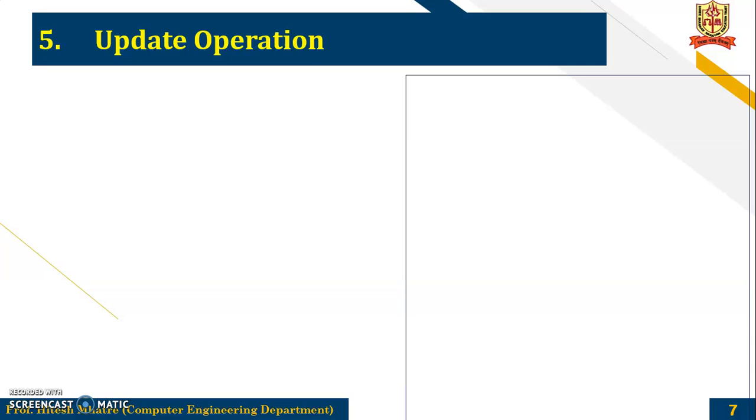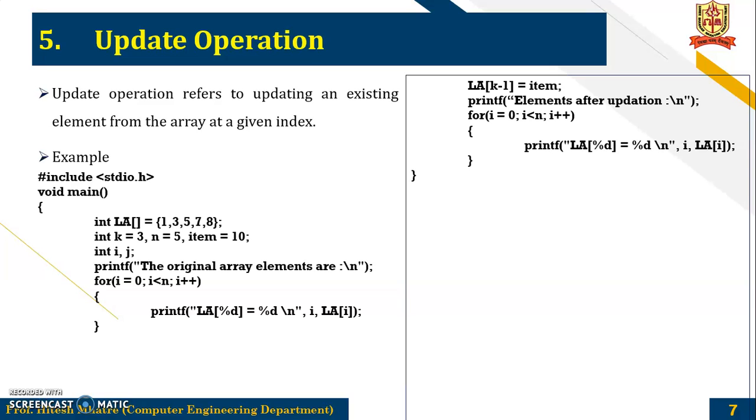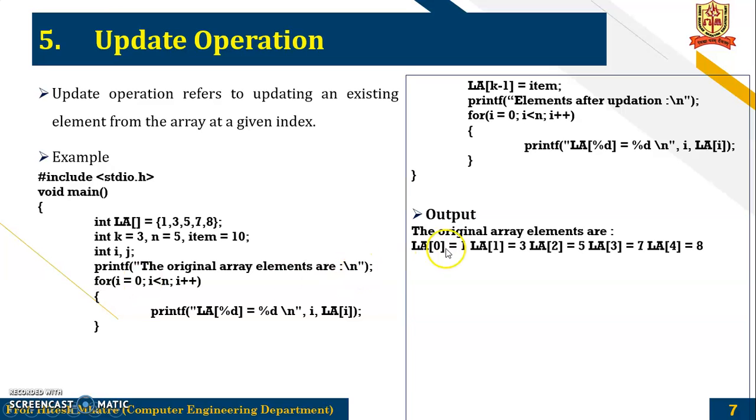Then the update operation. Update operation refers to updating an existing element of an array at a given index. Here we can see the same code for displaying the elements of an array. Again we have 1, 3, 5, 7 and 8 displayed here. Then LA of k minus 1.